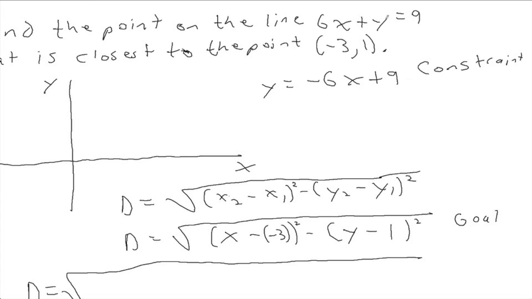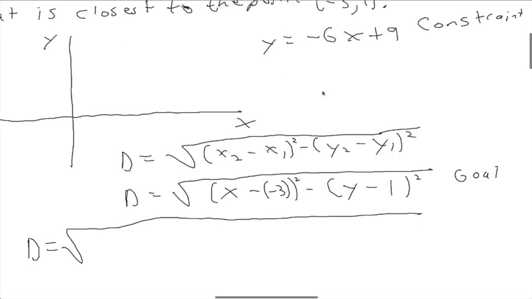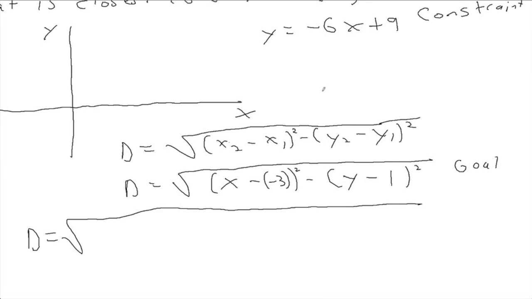So which of these variables might be easier to solve for? X or Y? Y. In fact, we already did that when we graphed it. We already solved it for Y to graph it. So what do I do now? Now we can plug in the negative 6x plus 9 into y in our goal function.